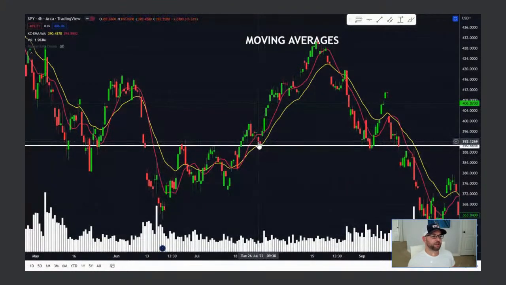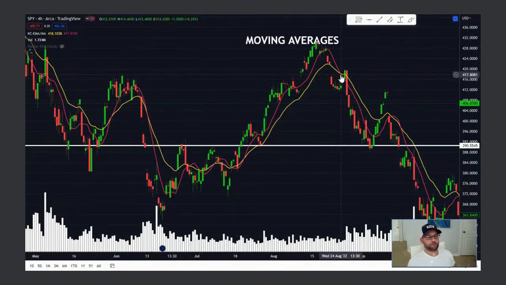You can buy here. Goes up, back test, continues to go up. Once you fail and you break below here, you exit. You've broken through your support. But now you've broken down. Where would you take a short?